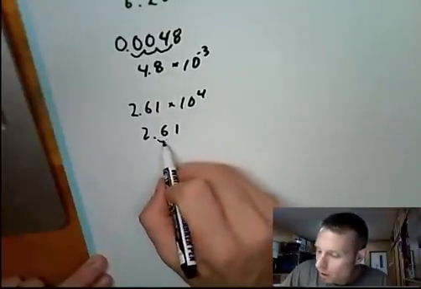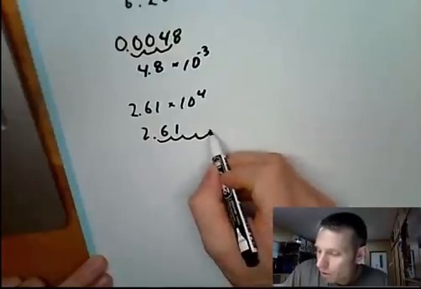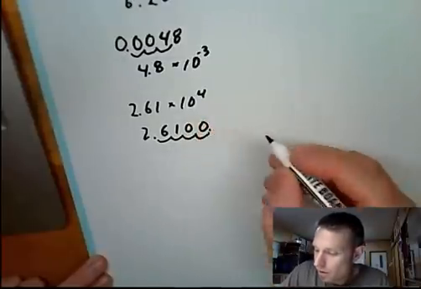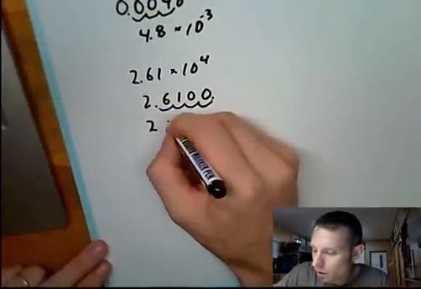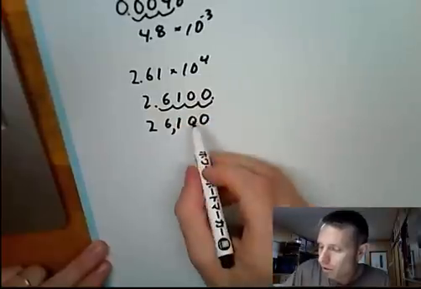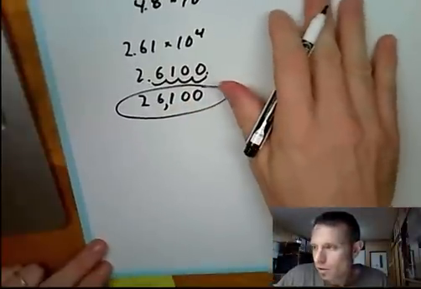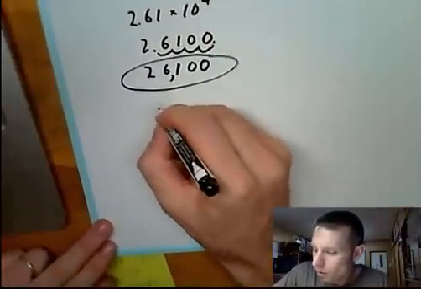So we're going to go to the right: 1, 2, and then there's nothing here, but we go 3, 4 spots total. Now we have to fill in the zeros, so we have 0, 0. We rewrite this as 2, 6, 1, 0, 0, and then the comma goes here, so we have 26,100.